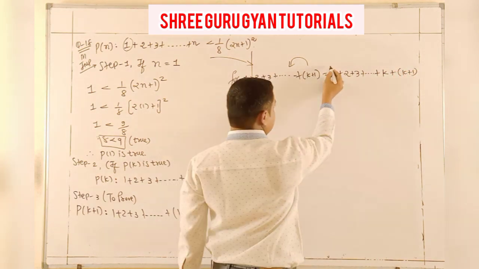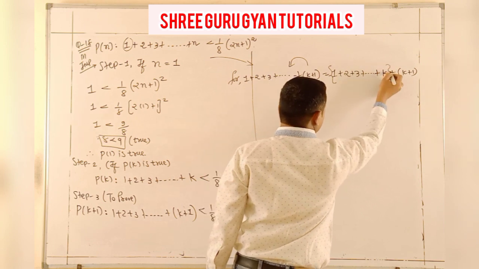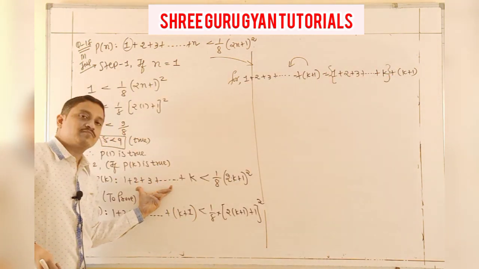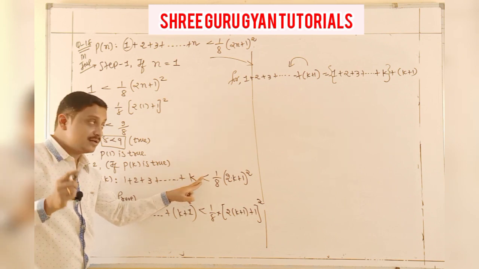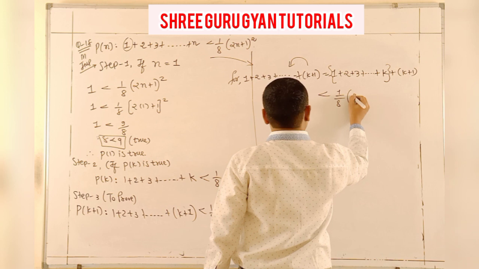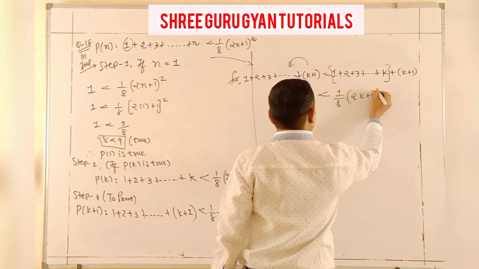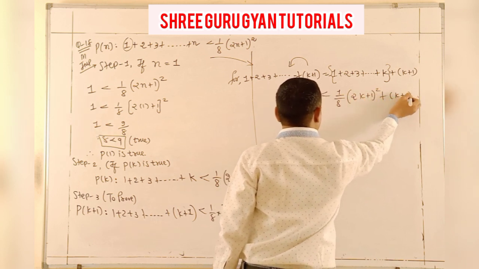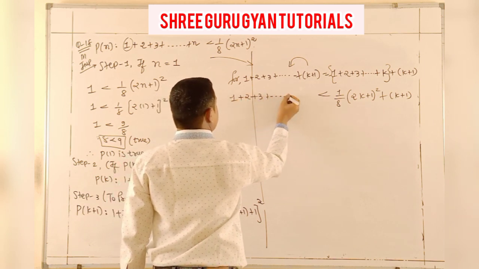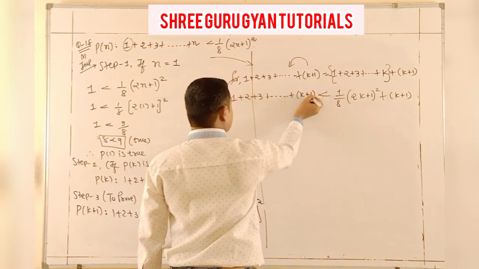Now students, this value 1 to k, you know that it is from step 2, less than. So here I write down less than 1 by 8, and that's the same. And here completely write down similarly the full term k plus 1.